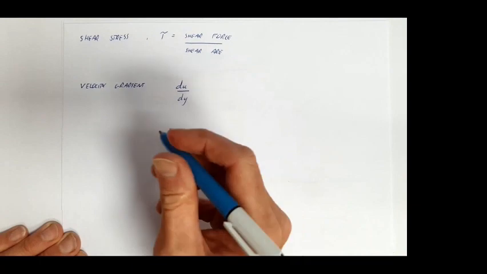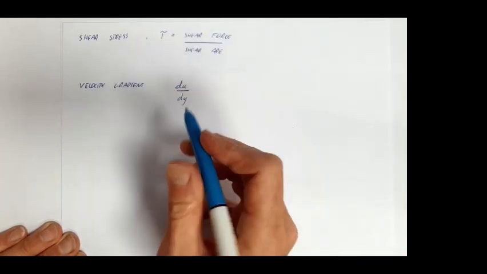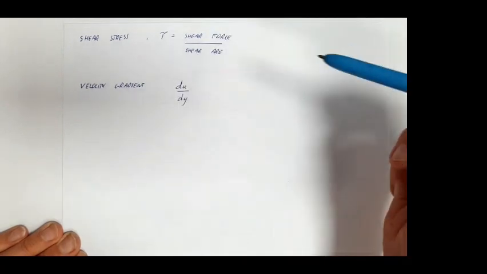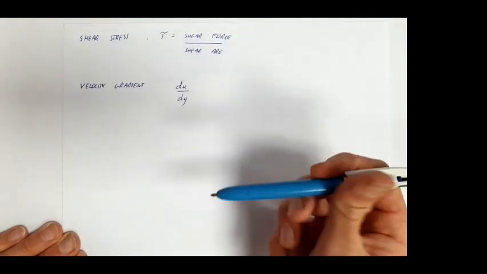So our coefficient of viscosity, once we've defined shear stress and velocity gradient, is simply the ratio of that shear stress to that velocity gradient.